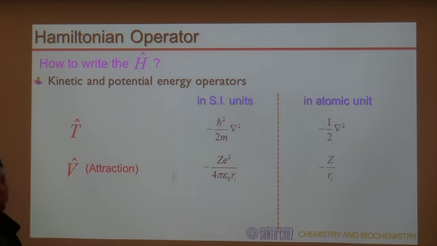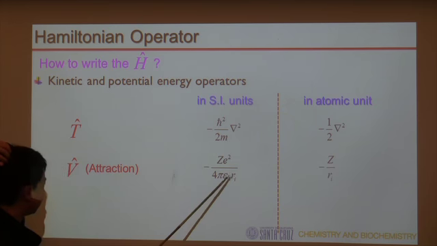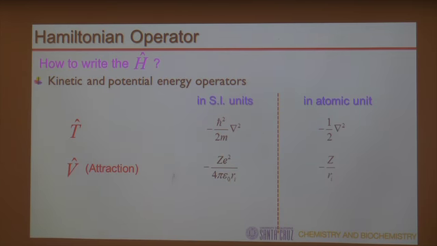Reduced to a compact form using atomic units, you will see that e, as I mentioned before, equals 1, and 4 pi epsilon naught, the permittivity term, also equals 1, so it greatly reduces to this ratio.